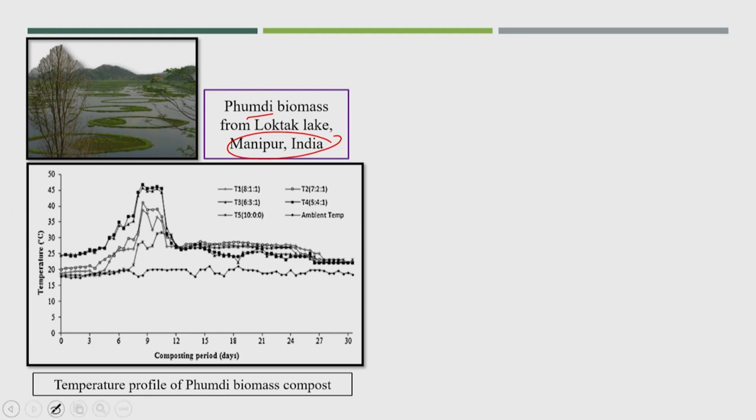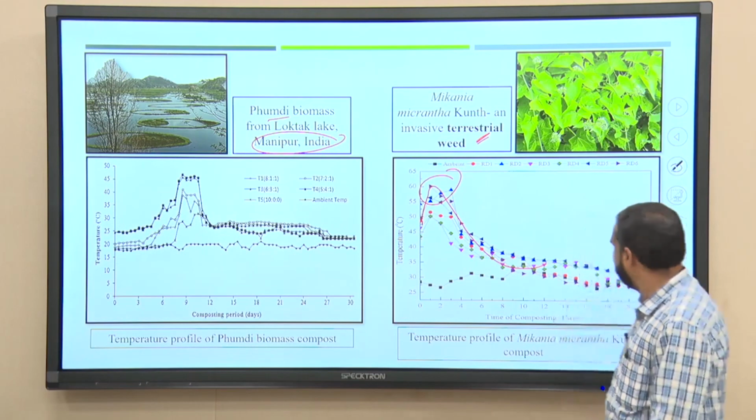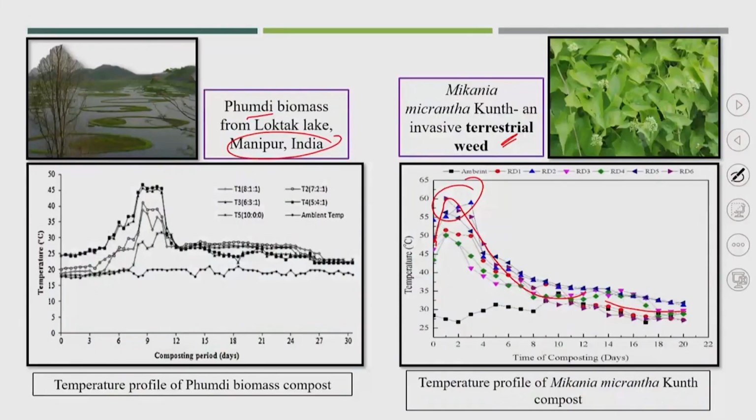There the maximum temperature is 46 to 47 degrees for the degradation process. This is another weed, Mikania micrantha, a terrestrial weed. In the temperature graph, the thermophilic condition is achieved within 2 to 3 days, and finally within 20 days we get ambient temperature.